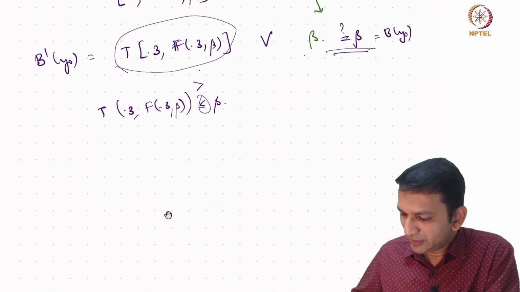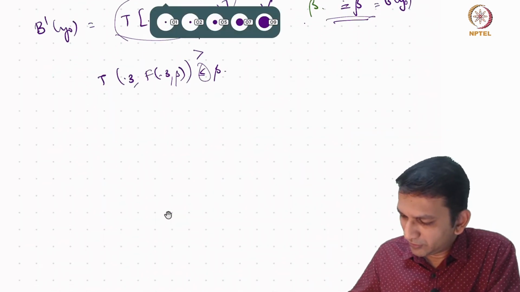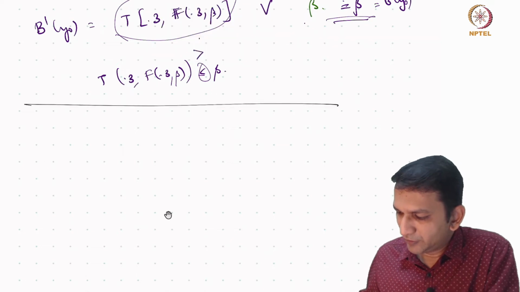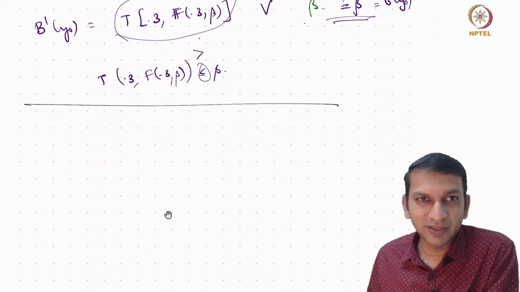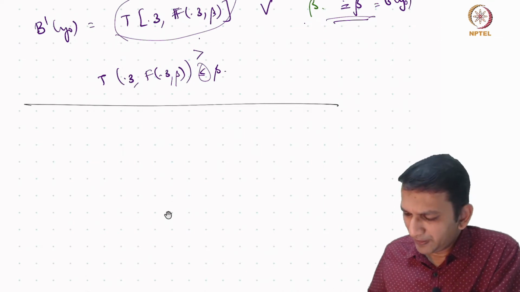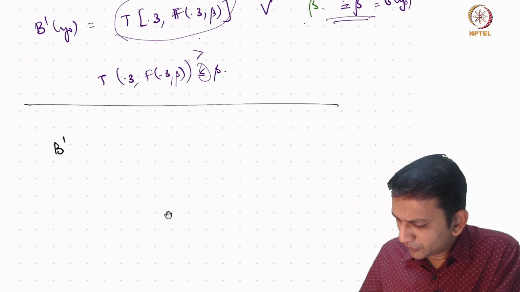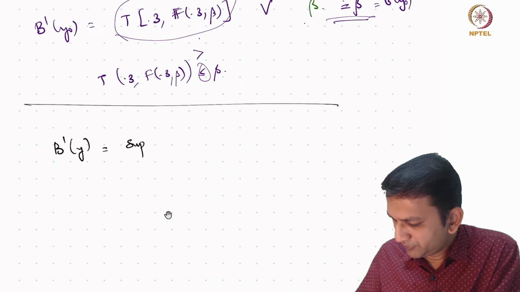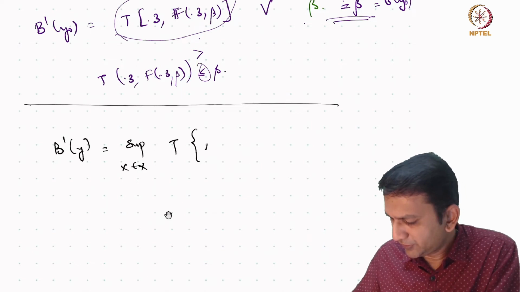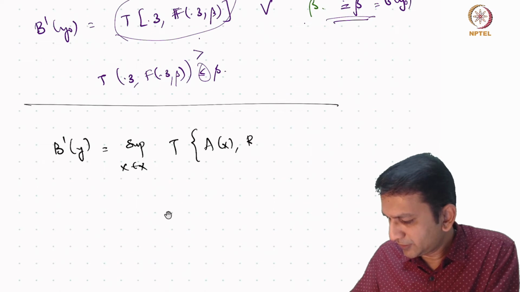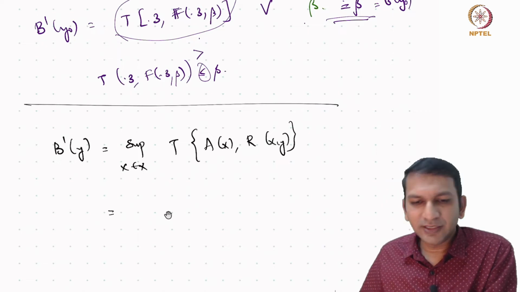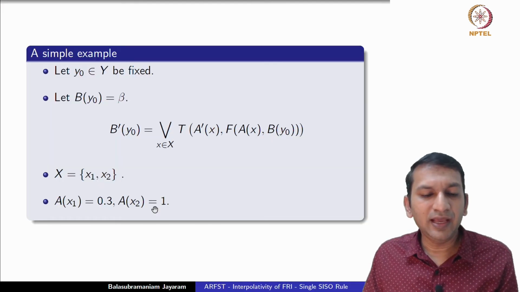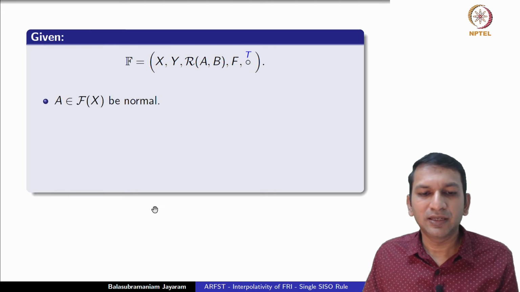Taking cue from this, let's do some algebraic calculations and maybe perhaps a little manipulation. So what we have is B dash of y is equal to the supremum over x element of X of T of A of x comma R of x comma y. Now, let us assume for a moment that A in fact is normal.